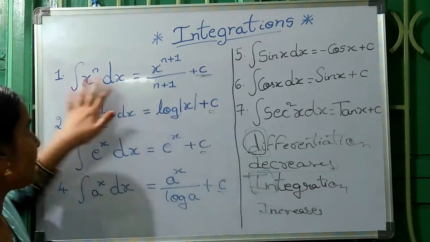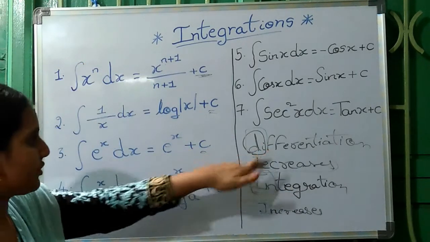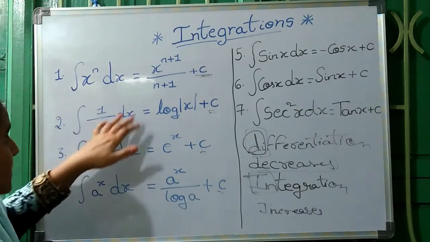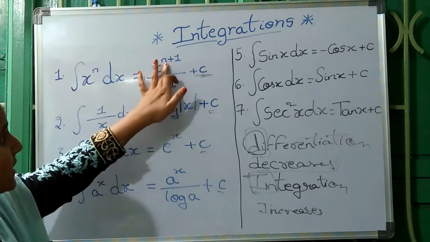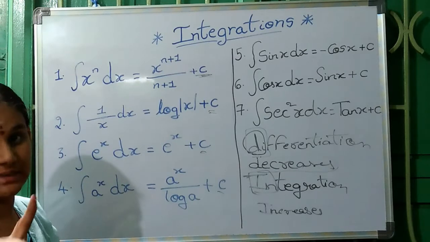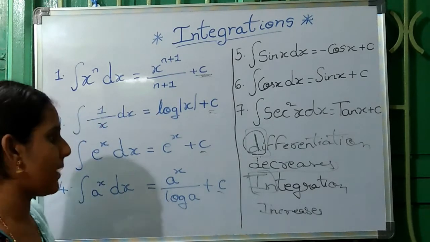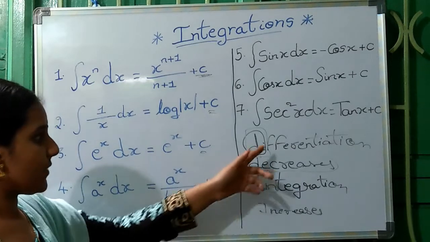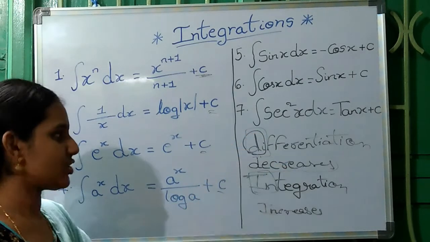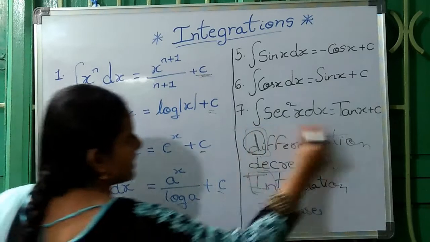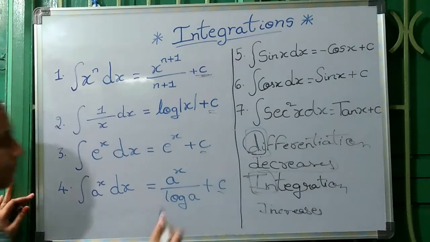The degree of x decreases in case of differentiation, whereas in case of integration it is increased by a value of 1. Next, let us see the next formula.